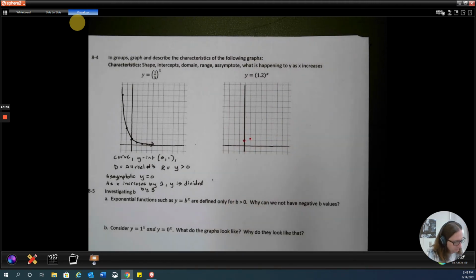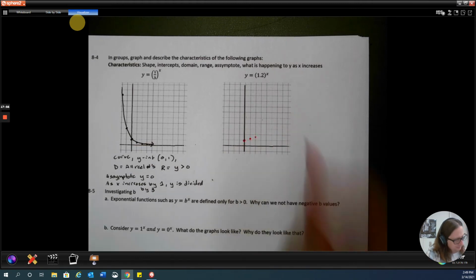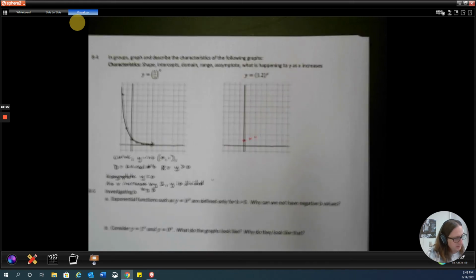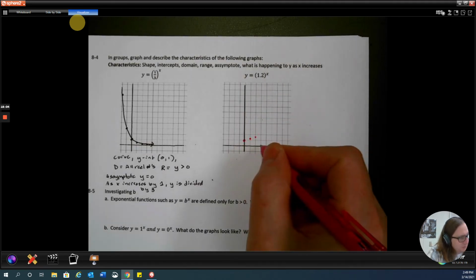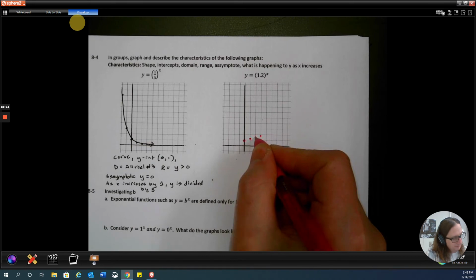And then I'm going to multiply that by 1.2. So 1.2 times 1.2 is 1.44. So 1.44, that's almost at that point there. Then I'm going to multiply by 1.2. And I get 1.728. So 1.728, probably right about there somewhere. This was too high, but there we go.